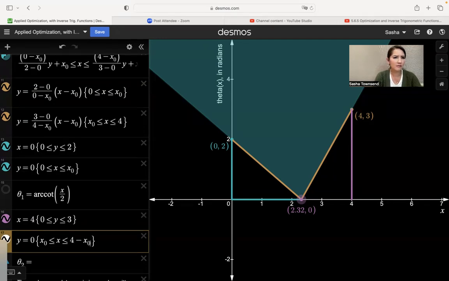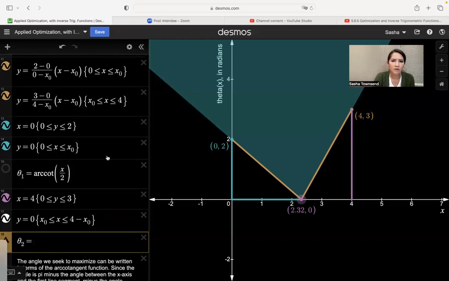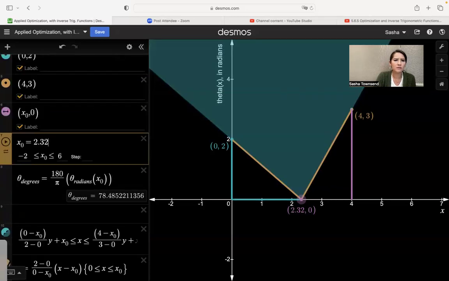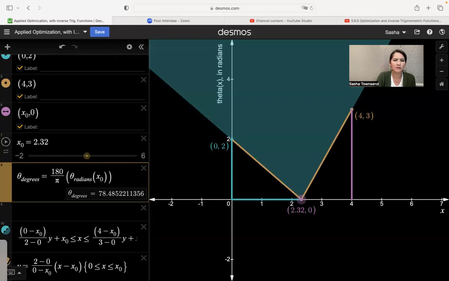Is that okay? It's giving us some problems, isn't it? What is my x naught value right now? 2.32. So I want my x to be between 2.32 and 4 minus 2.32.